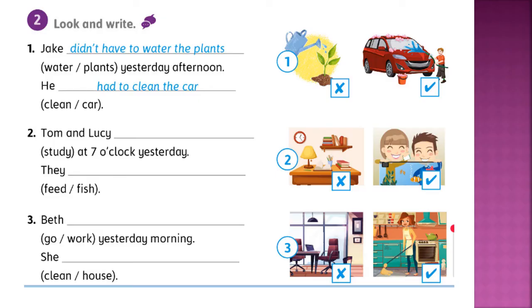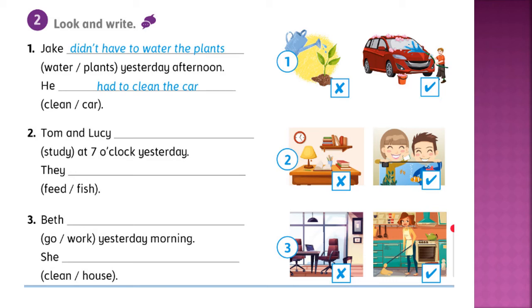Now, my dear students, let's go to our workbook, page 38, activity 2. Look and write. First, look at the pictures, then write. We have two pictures here. Number one, which is X, means no need, or it's not important to do it.